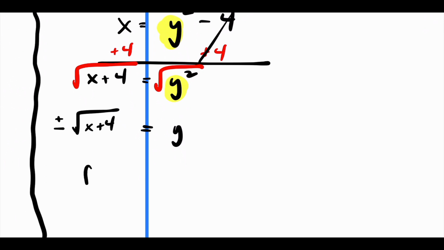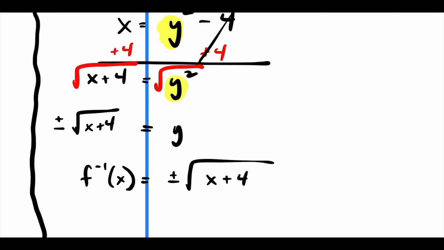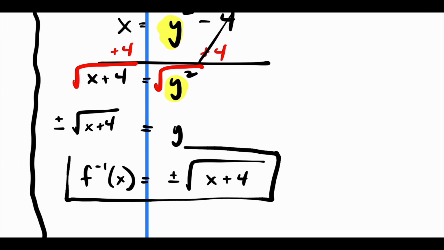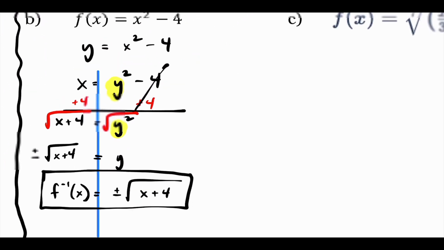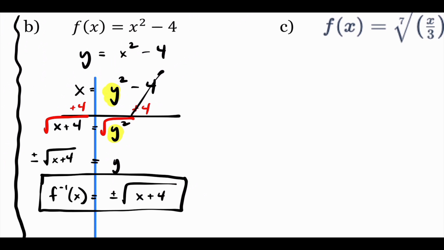Last thing, switch y out with the inverse tag. You're done. You're just slowly undoing it, like on Christmas Day. You slowly undo the wrapping.